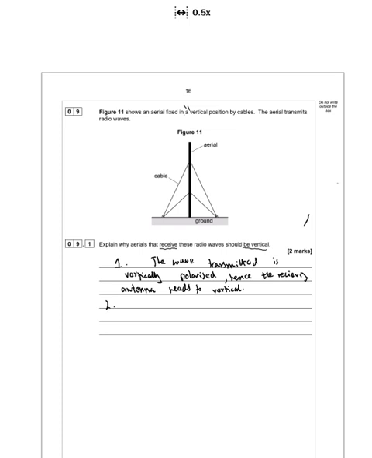And another thing that I learned, I didn't know about this, is that whenever the transmitting antenna is vertical, the receiving one also has to be vertical because this ensures that the maximum amount of signal is received. If the transmitting antenna was horizontal, then the receiving antenna also had to be horizontal.